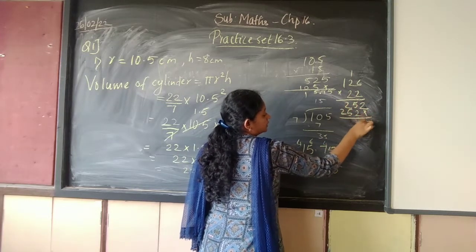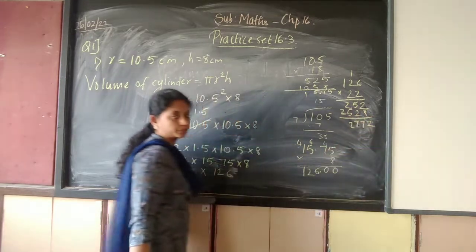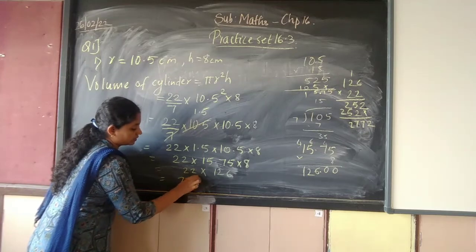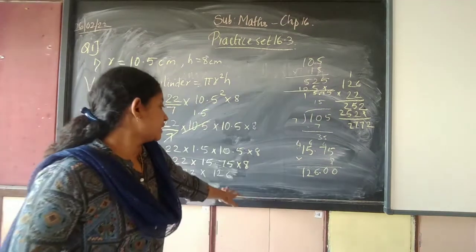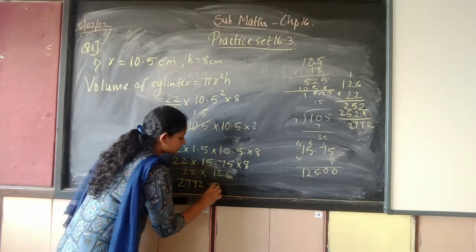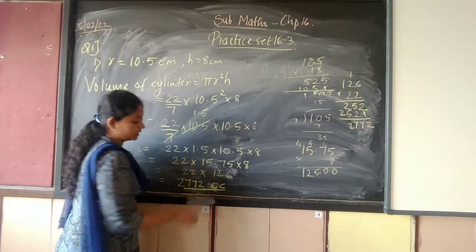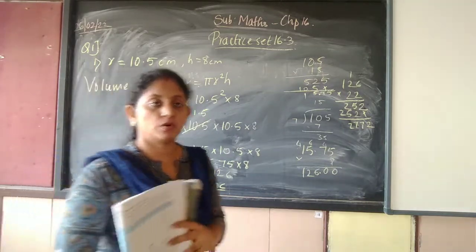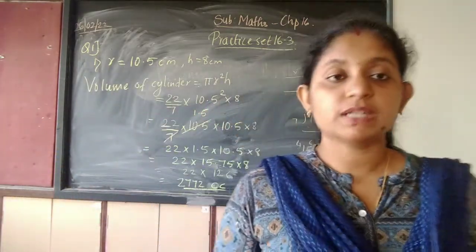Total 2, 7, 7, 2. Your answer will be 2772 cc, cubic centimeter, because what we are finding? Volume.